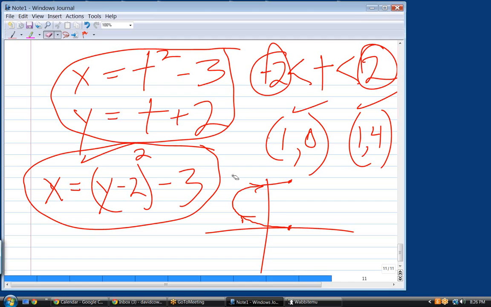Yeah, and that's right. That's a vertical shift of 2 units up and 3 units to the left, which is exactly what this thing looks like, as opposed to the parabola. That's x equals y squared there.